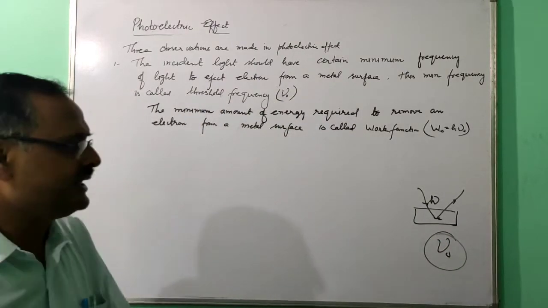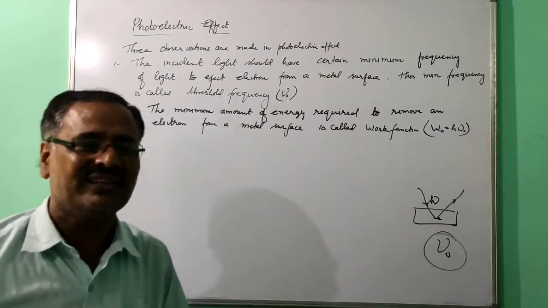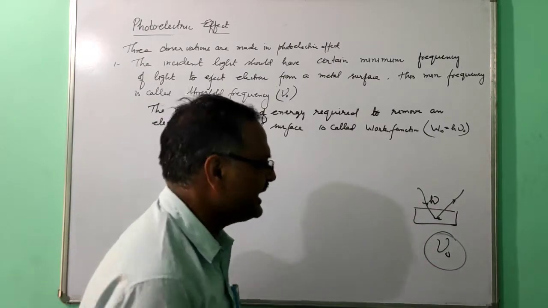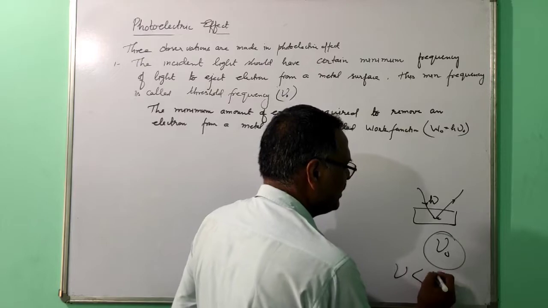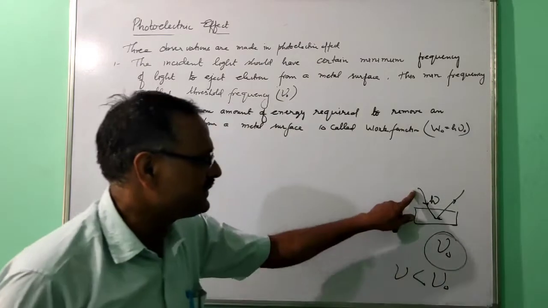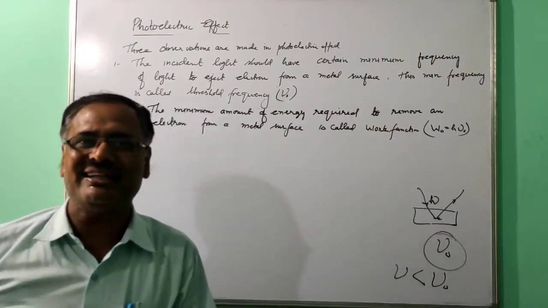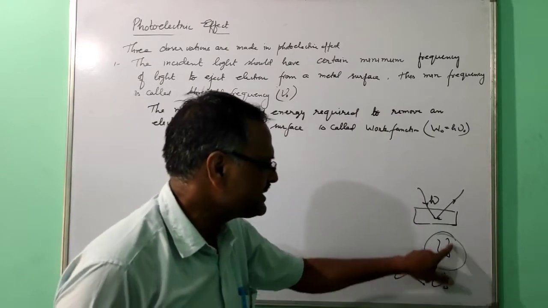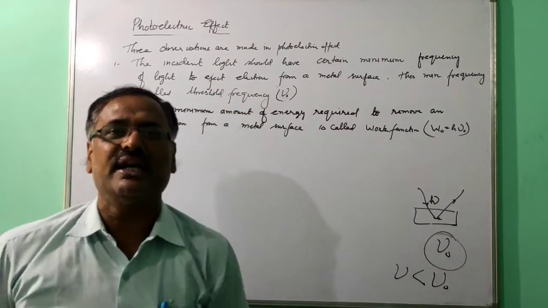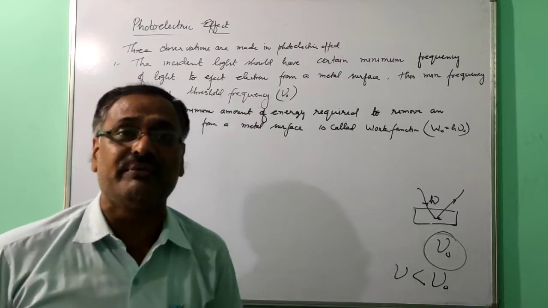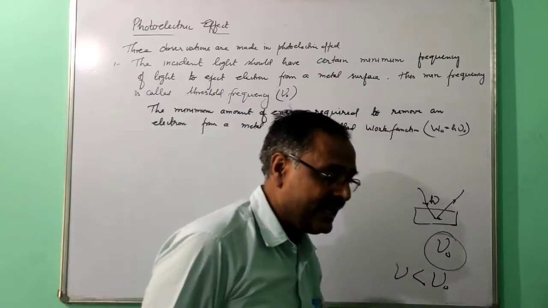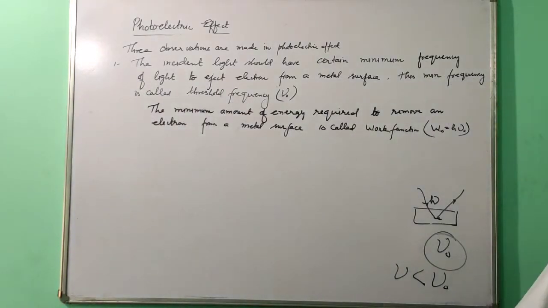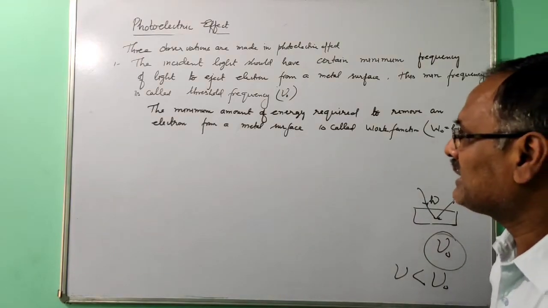If the frequency of the light falling on the metal surface is less than nu zero, no electrons will be ejected.